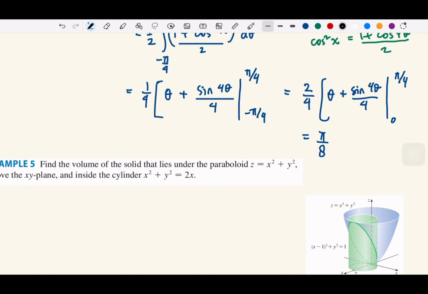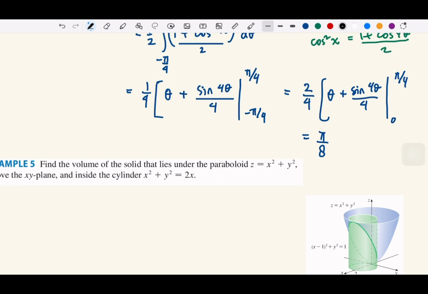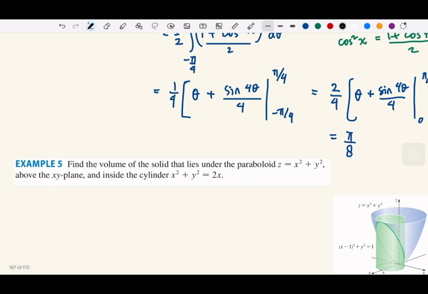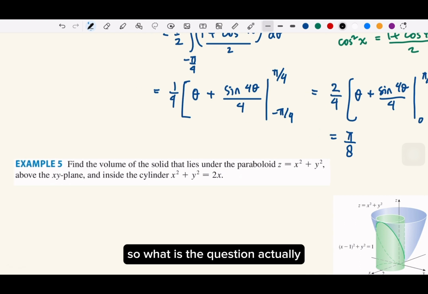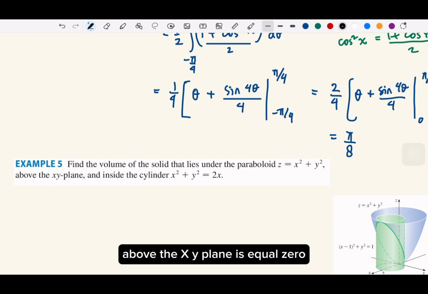And then we have the cylinder x squared plus y squared equals x. So what is the question actually? We need to find the volume. It's below this paraboloid, above the xy plane, z equals 0, and inside the cylinder.